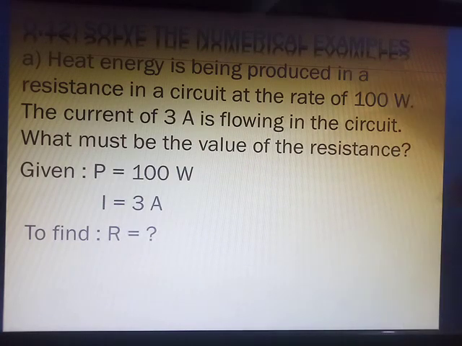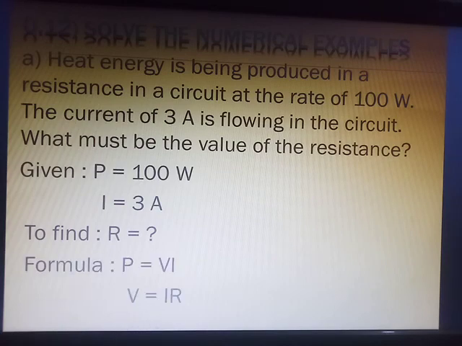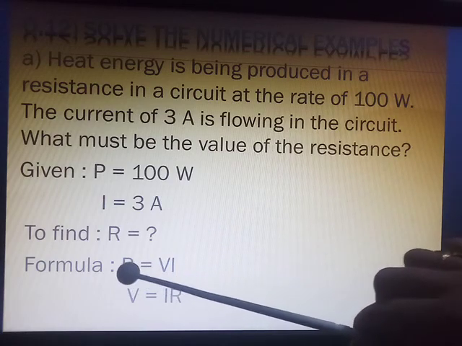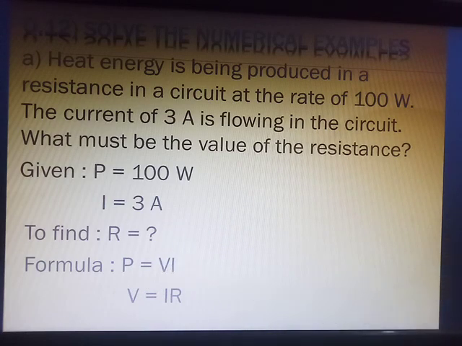So to find R. Now next step is what formula you are going to apply. So here you are going to apply the formula for power is equal to voltage multiplied by current, that is P is equal to V multiplied by I. Now all of you have studied Ohm's law in the previous standard, that is 9th standard.